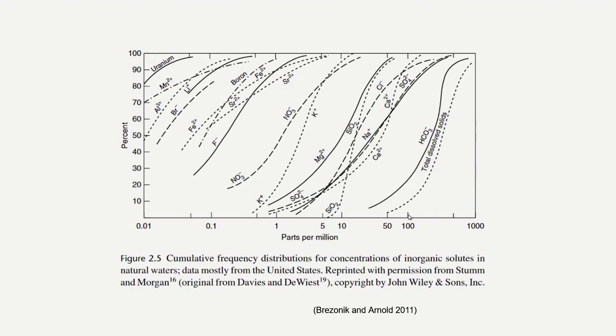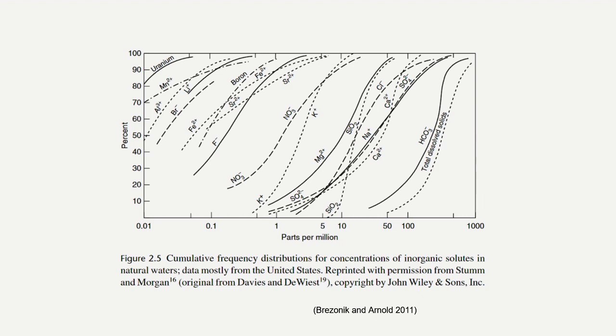Look at 100 parts per million, draw a line up, and then from here, go over to your y-axis, and you can see that 20% of the surface waters in the United States have less than 100 parts per million of bicarbonate. You can also do this for calcium. What percentage of waters have less than 50 milligrams per liter calcium? Come up, come over. You can see that about 55% of surface waters have less than 50 parts per million calcium in them.